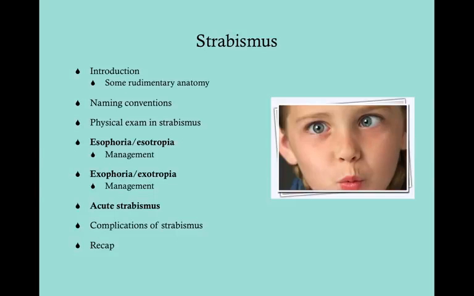Then we'll talk about the esophorias and esotropias, the exophorias and exotropias, acute strabismus, some of the complications, long-term complications of strabismus, especially if it's untreated, and then we'll recap everything and talk about the most essential points.